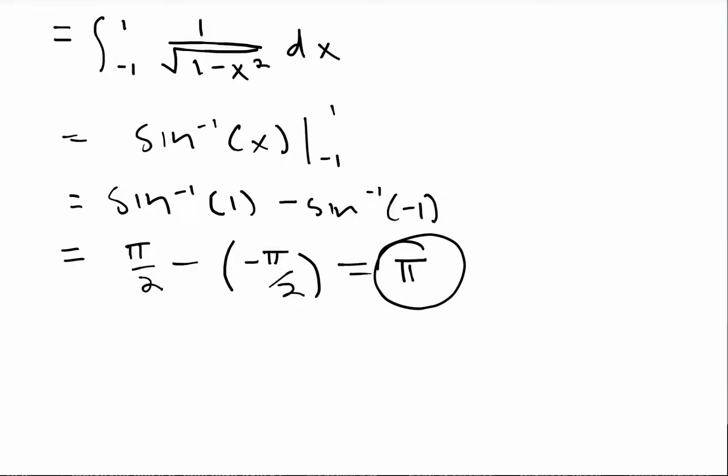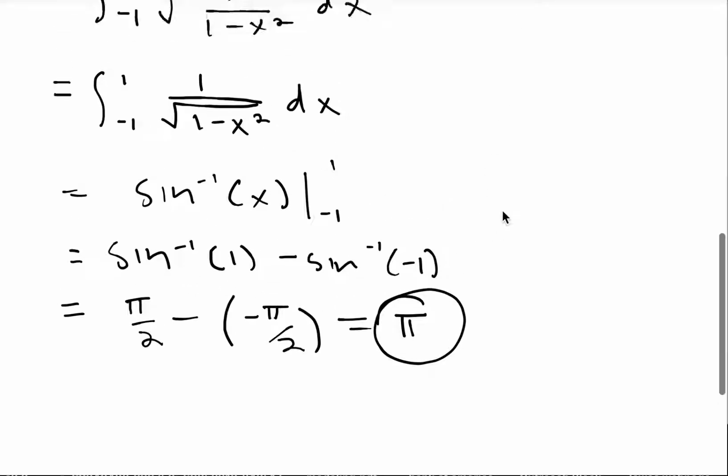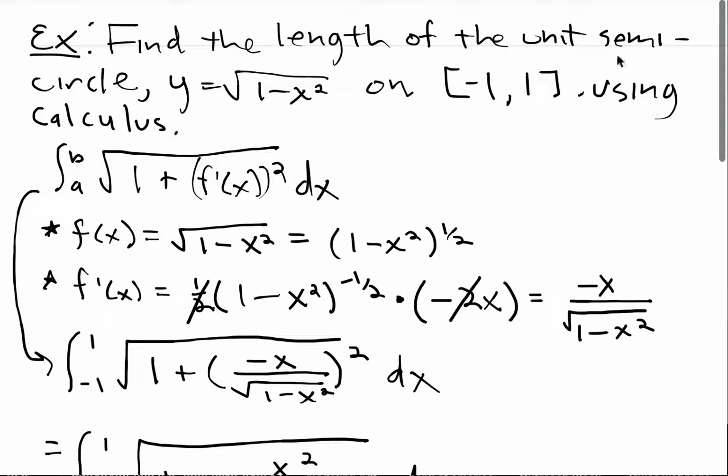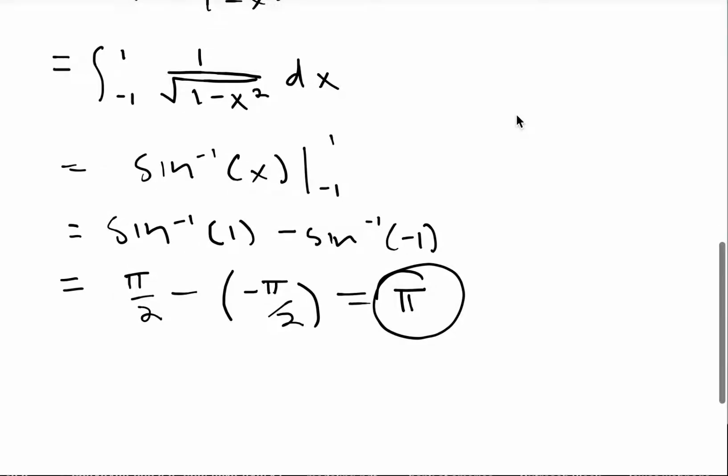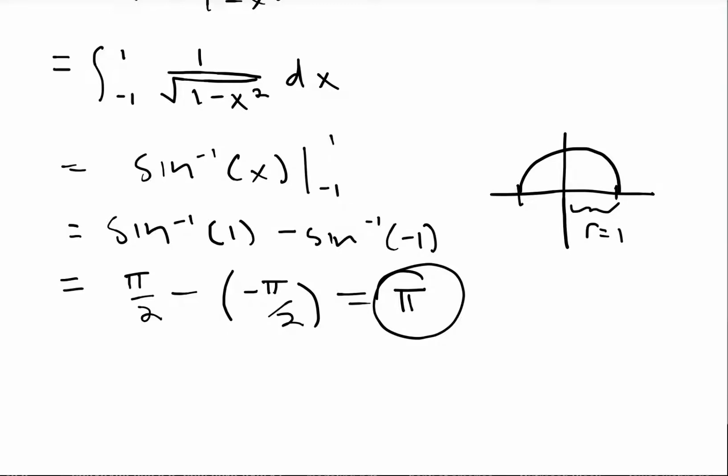Okay? And again, if I call back to what I was initially finding a length of in the first place, I will scroll up really quickly to demonstrate. This is the length of the unit semicircle on minus 1, 1. If I wanted to draw that out, this has a radius of 1.